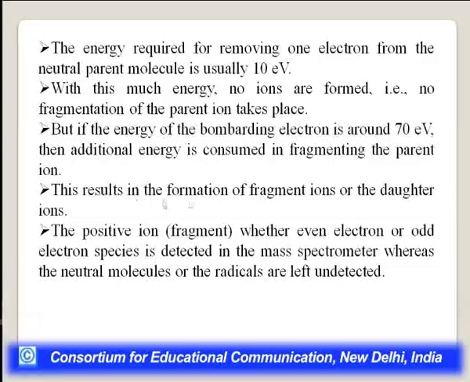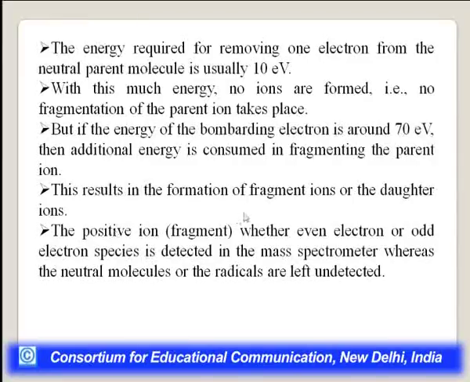This results in the formation of different types of fragment ions, or we can say daughter ions of a molecular ion. The positive ion, whether even electron or odd electron species, is detected.